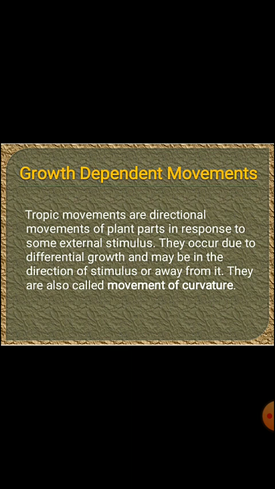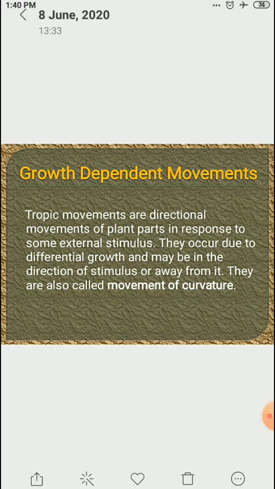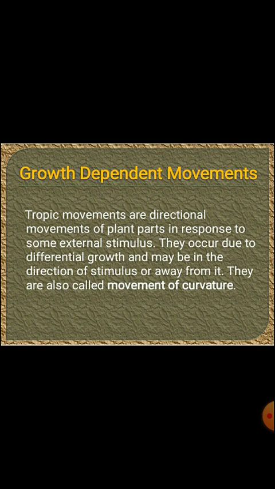These movements are called tropic movements or tropism. Means the tropic movements are directional movements of plant parts in response to some external stimulus. They occur due to differential growth and may be in the direction of the stimulus or away from it. They are also called movements of curvature.